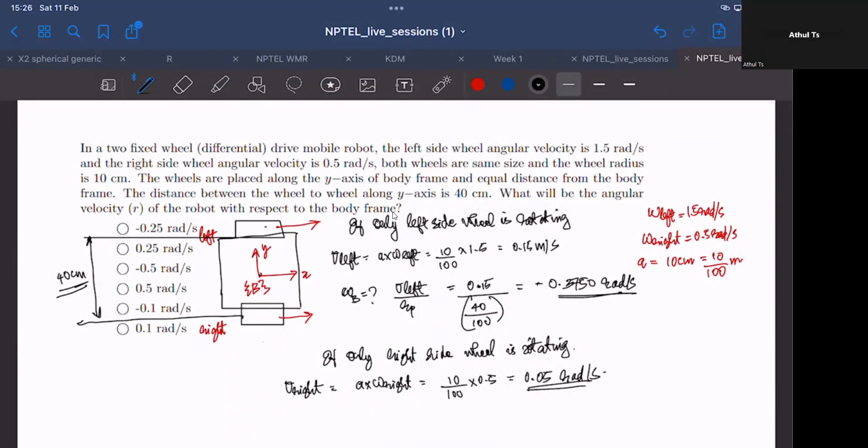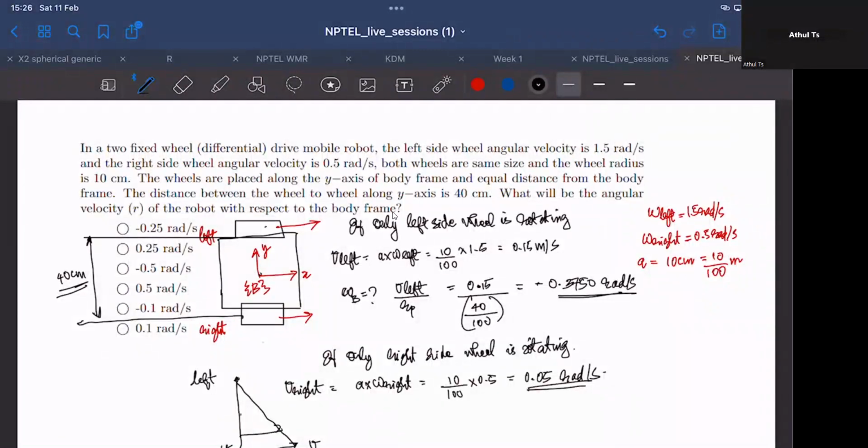All right, so we have found our right side wheel velocity also. So if only the right side wheel velocity exists, how would the velocity triangle look like? This would be the right side, and the left side wheel velocity is 0.